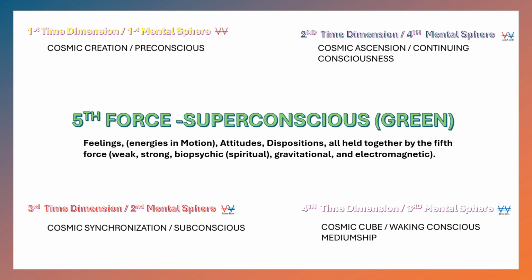Okay? And also, we want to get an understanding of what it is that we're doing within the fifth force. In this area, we are having feelings, energies, emotion. We have attitudes that come about, dispositions, and all of that stuff. However we take that information, it's going to be held together by the five forces of nature, which is the weak, the strong, the biopsychic, gravitational, and electromagnetic.